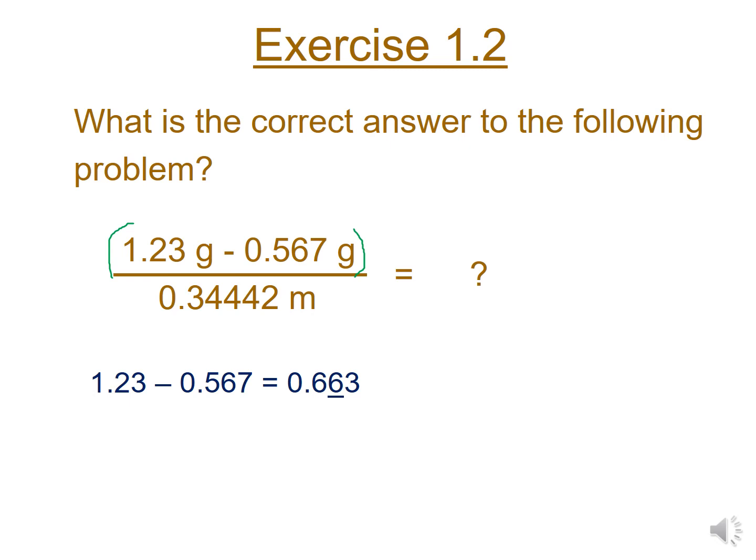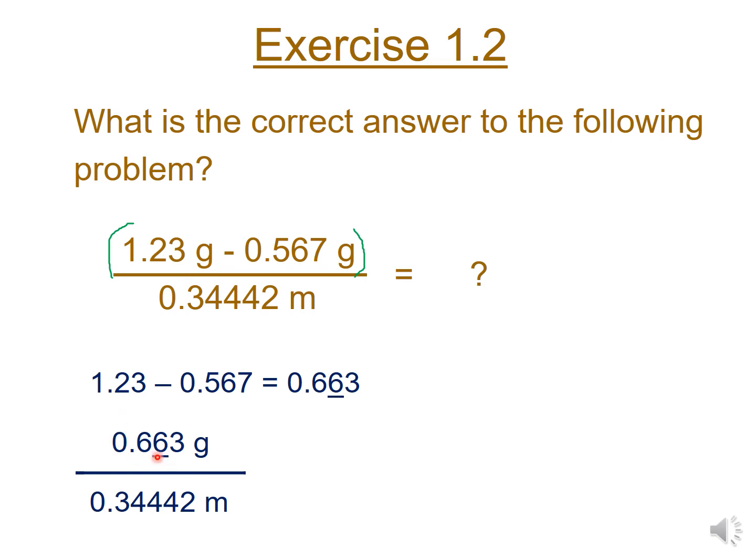And now we take this value, the difference between the 2 numbers, and divide it by the bottom number, the denominator 0.34442, which contains 5 significant figures. Of course, in this case now we're dividing 2 numbers and we just look at significant figures. And you see that the numerator has actually only 2 significant figures.